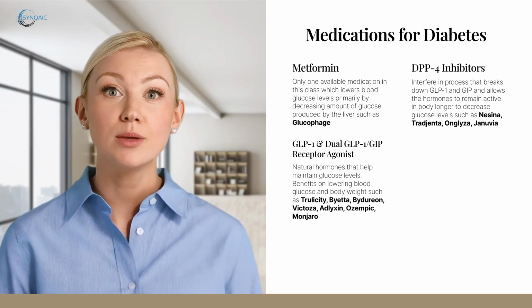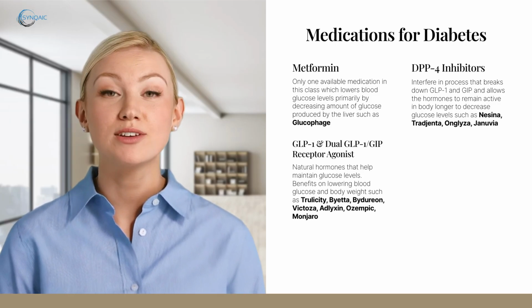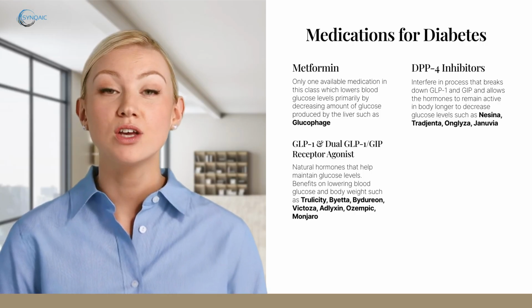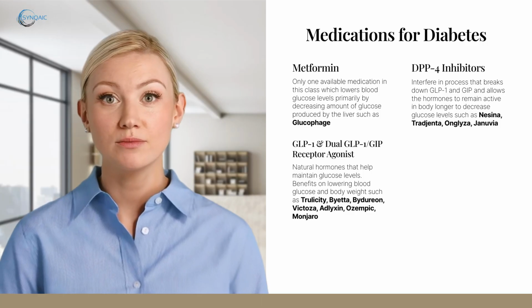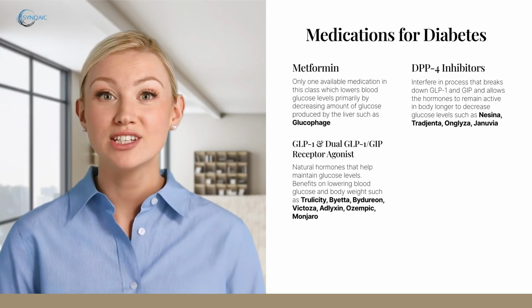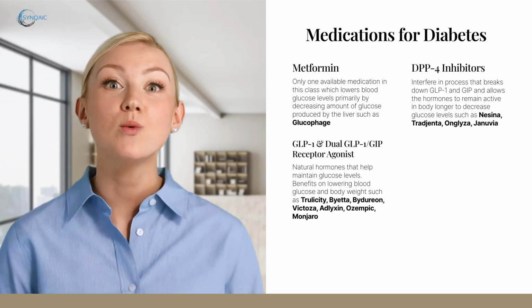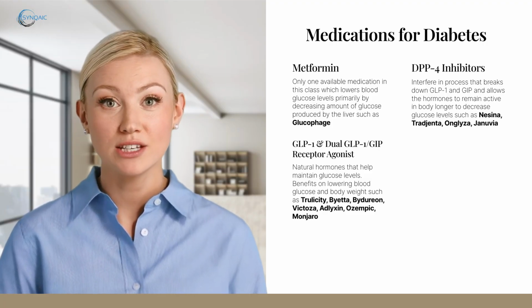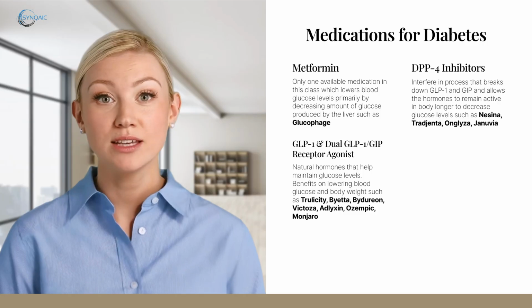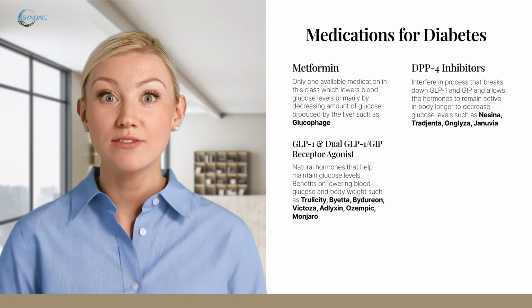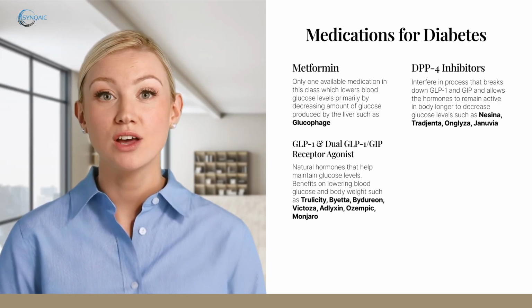One dual GLP-1 combined GIP receptor agonist is currently on the market called tirzepatide, Mounjaro. How often to inject these medications varies from twice daily to once weekly, depending on the medication.